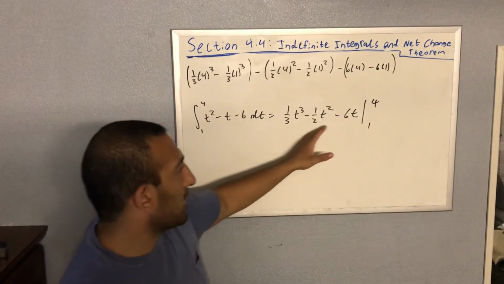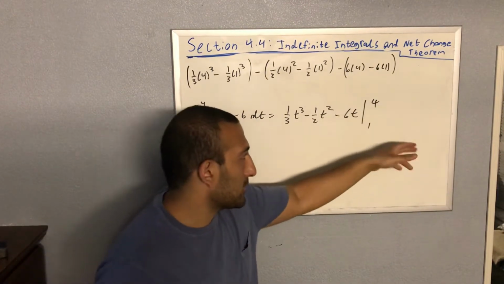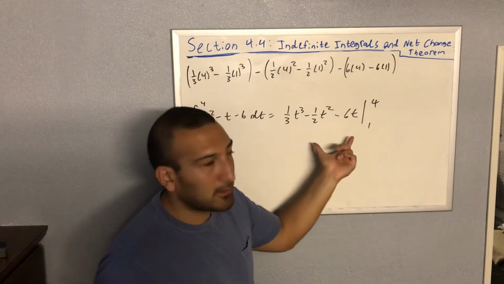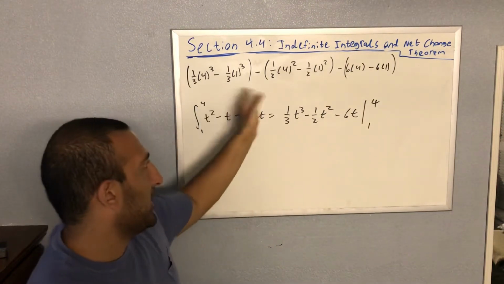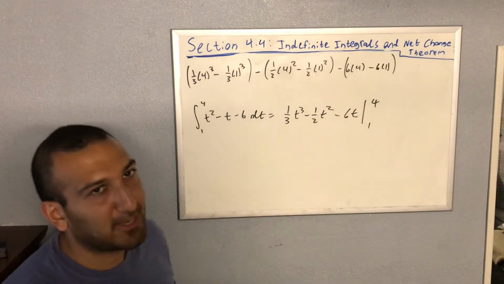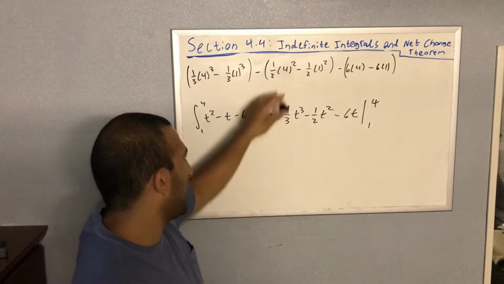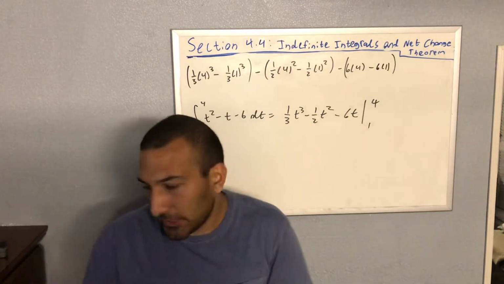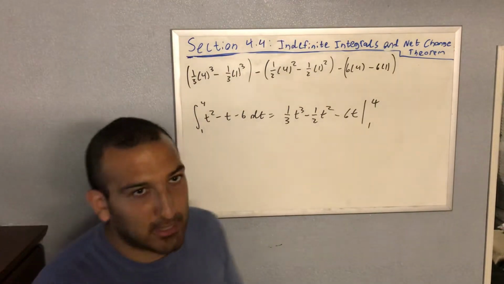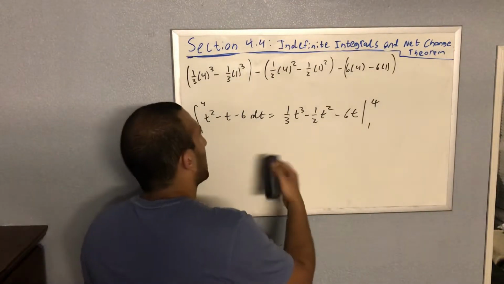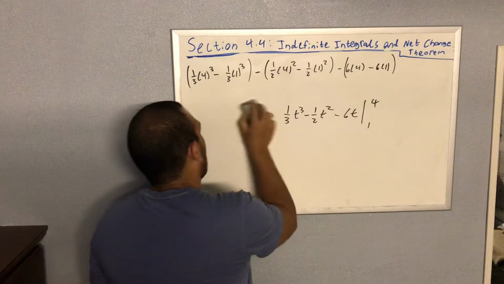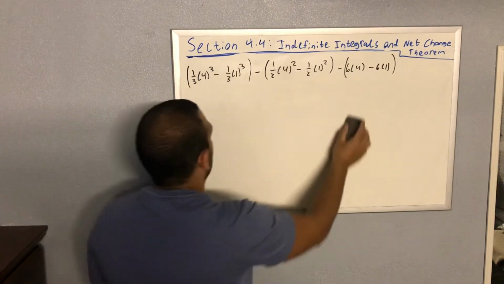So we stick 4 into all of these initially, and then subtract what happens when we stick 1 into here. If you do algebra, you're going to get the same thing. These are equivalent, but some people at first appreciate one way over the other. You'll see quickly that they all give you the same thing. It doesn't matter too much.